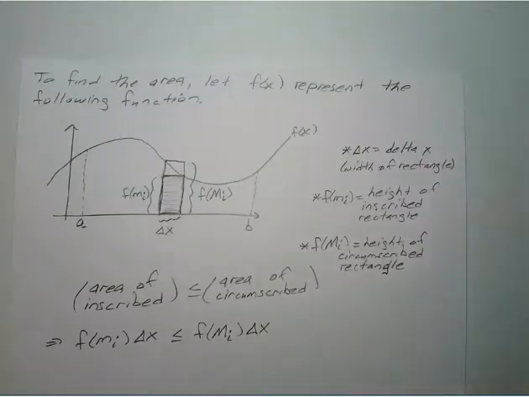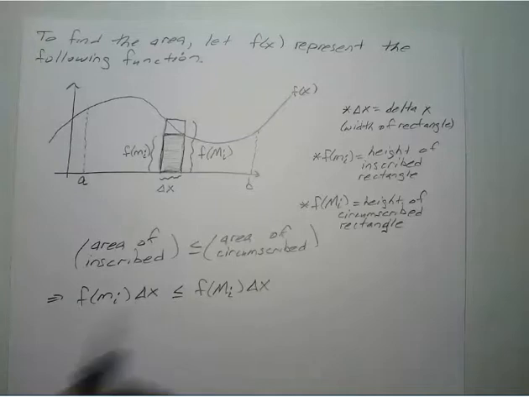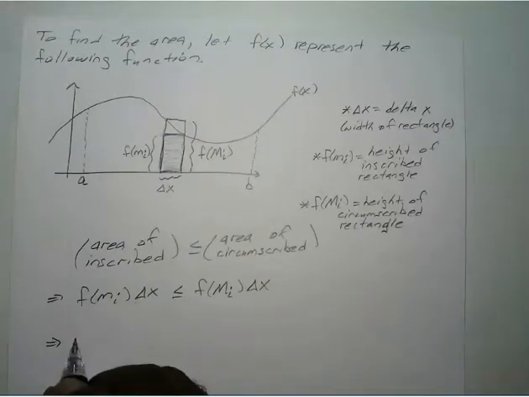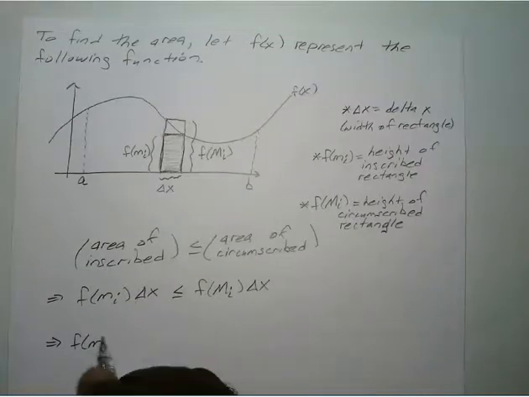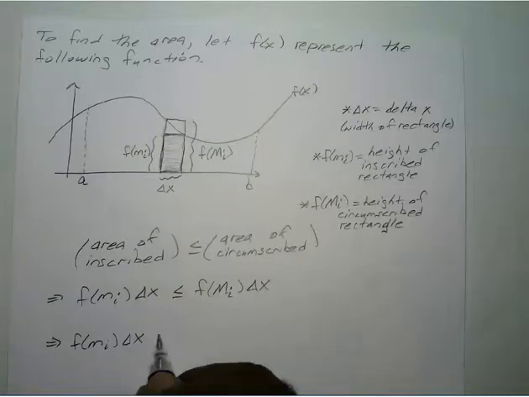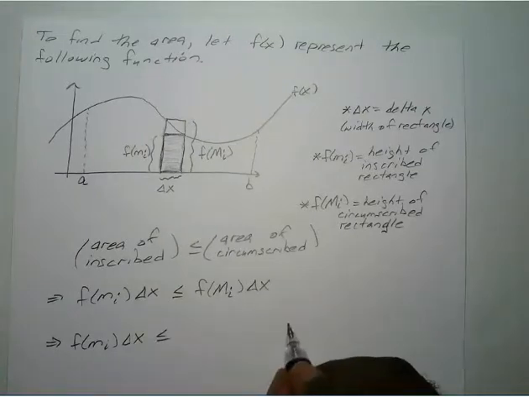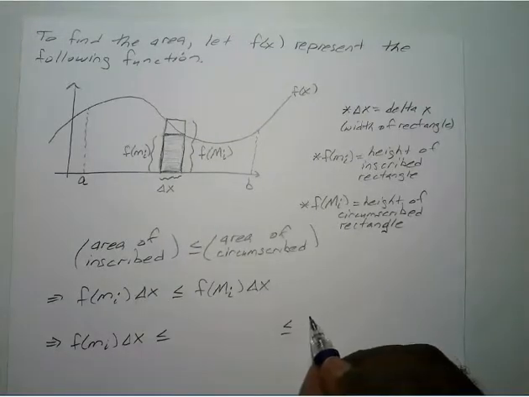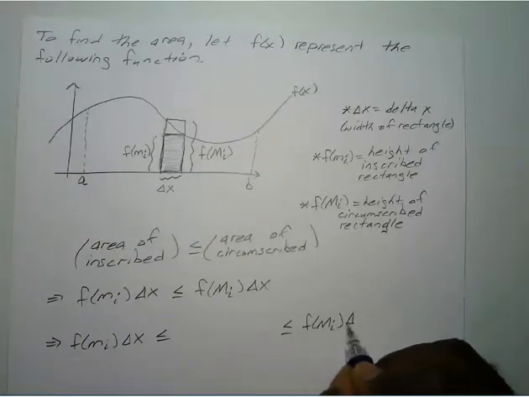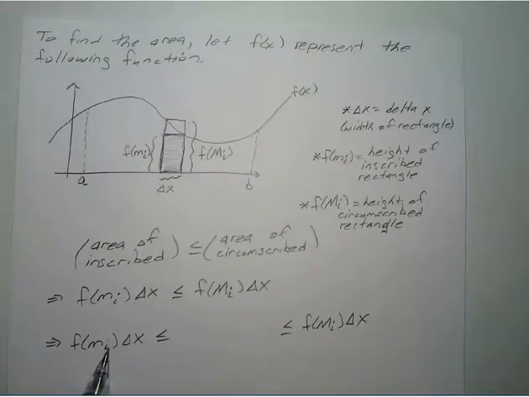Another thing we can figure out is that our inscribed rectangle and our circumscribed rectangle give you too small of an estimate and too big of an estimate.